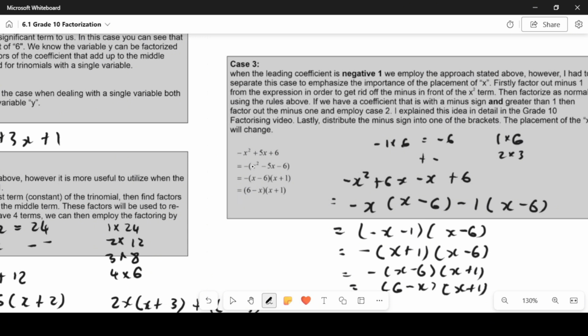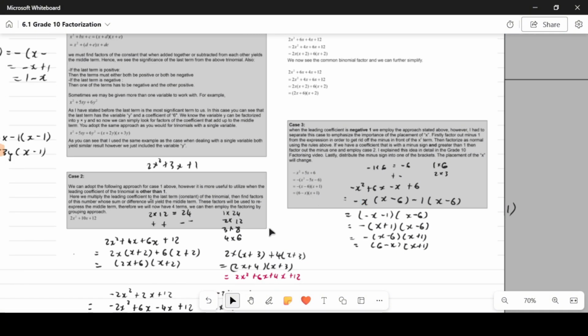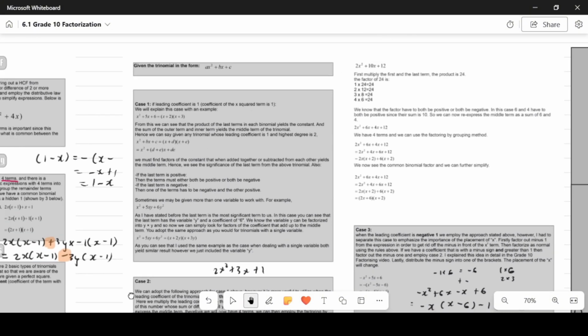That's why I would advise that you take out the minus sign, work with this trinomial question as if you have a leading coefficient of 1, then distribute the negative. Now remember, this negative can distribute into this bracket or it can distribute into that bracket, but not both, one of it, right? And that's basically how we do trinomials and the 3 different cases.